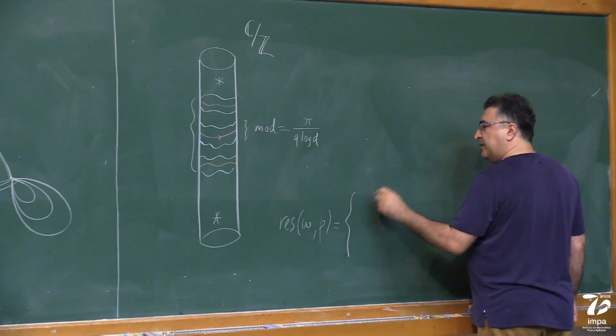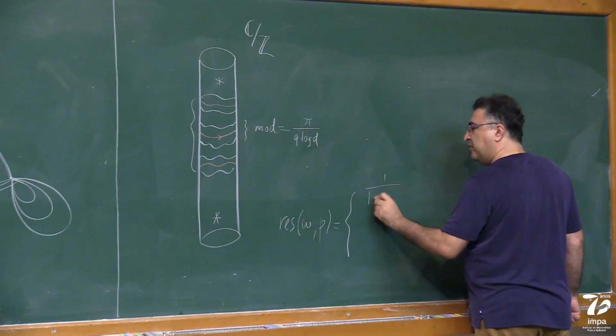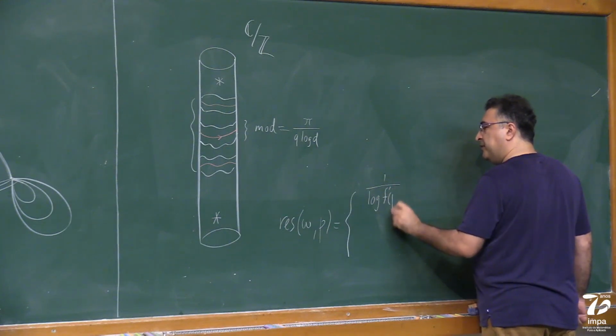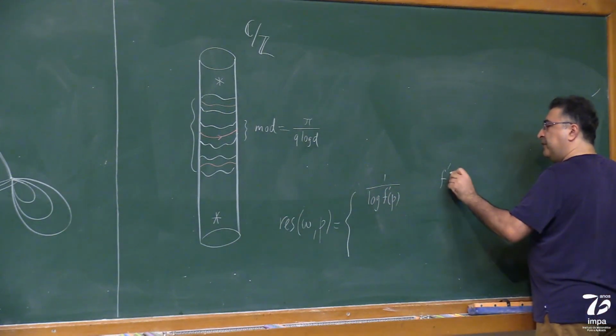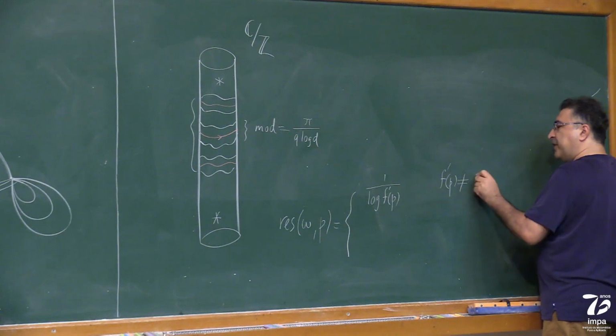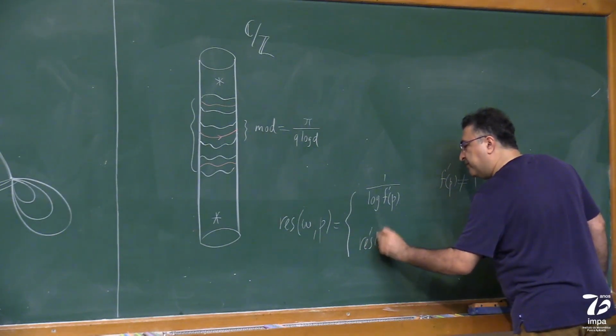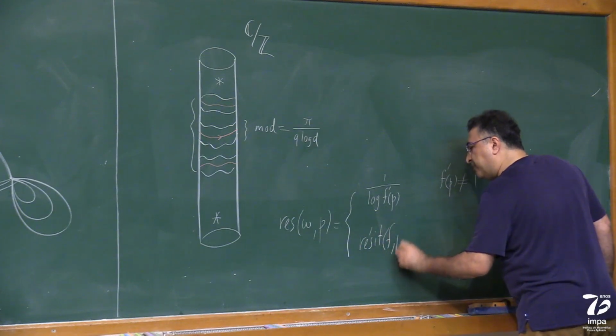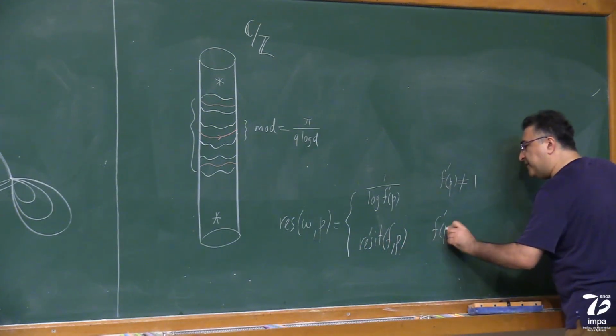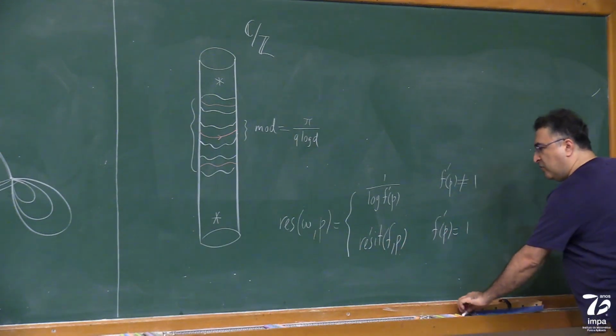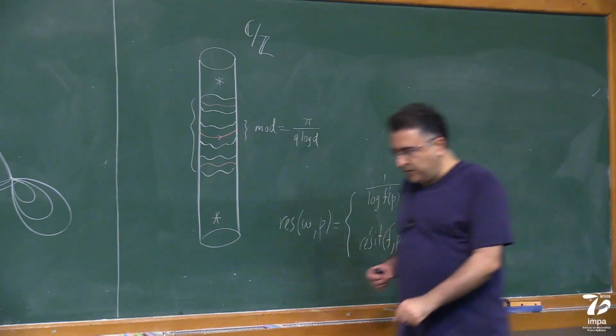The residue of this form at a fixed point is 1 over log of the multiplier if the point is not parabolic, and it's the residue iterative of the map at the fixed point if it is parabolic. So these properties are very useful.